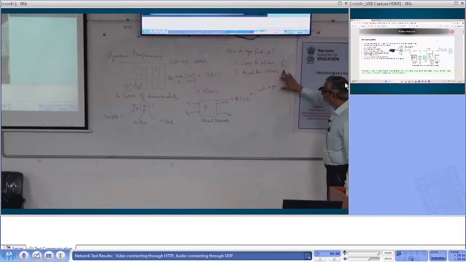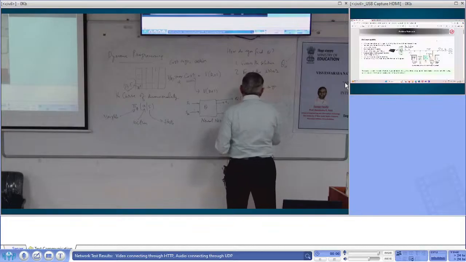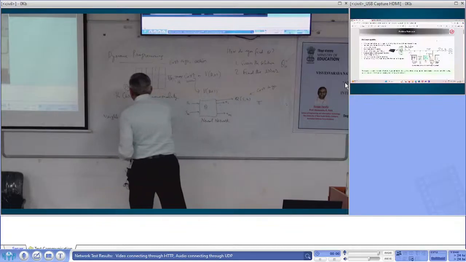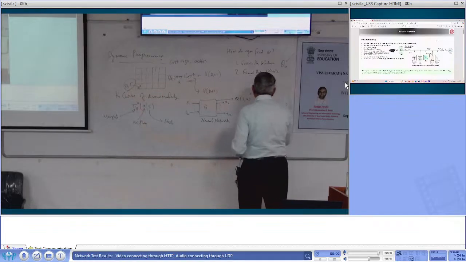Then you said find the error. Then the neural network is doing for me, so let me put a star here to say optimal, right? Otherwise confusion हो जाएगा.